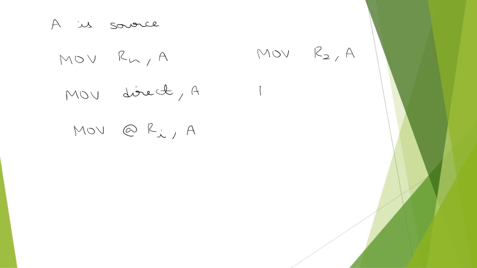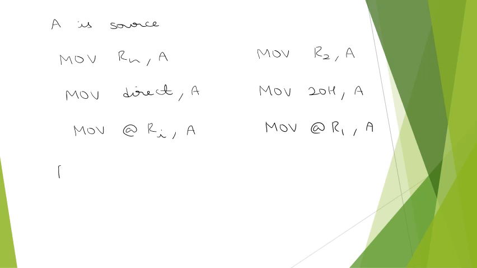And then we have MOV 20h, A. So the content of accumulator is copied to the memory location 20h. And then we have MOV @R1, A. So the content of accumulator is copied to the location specified by the register R1.